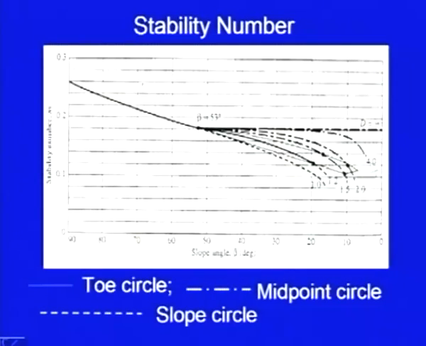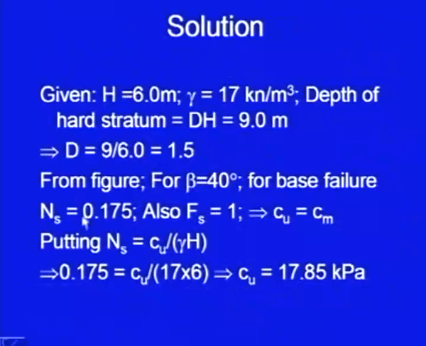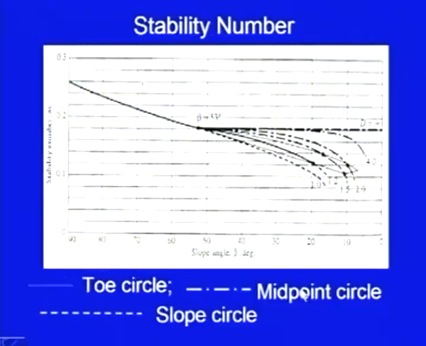So, this is d equal to 4, 2, 1.5, 1.2. Corresponding to 1.5 we get somewhere here, and that value one can easily interpolate. That value was 0.175. So, once Ns is available, this expression is simple to use and you get the value of Cu.